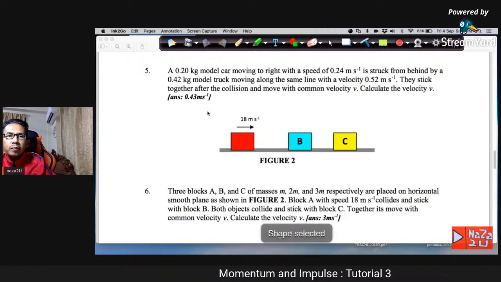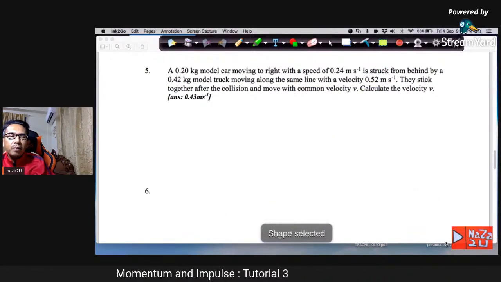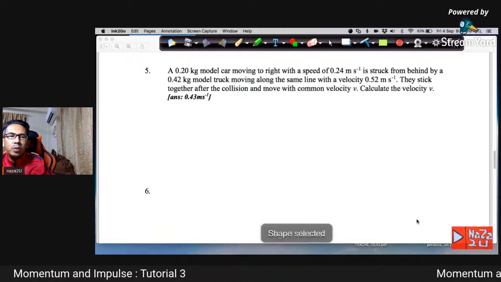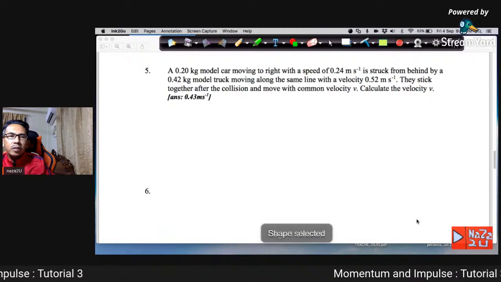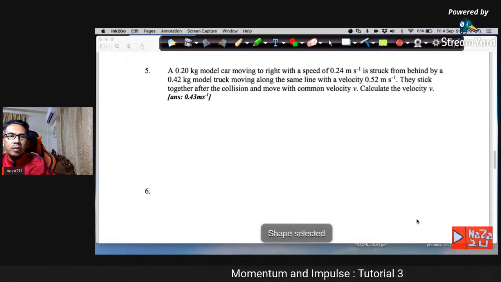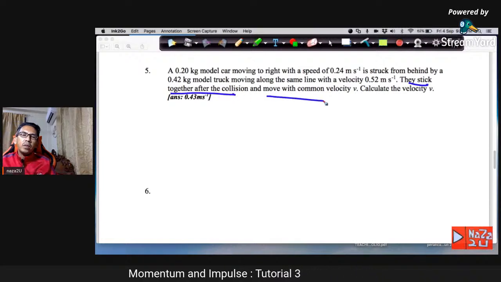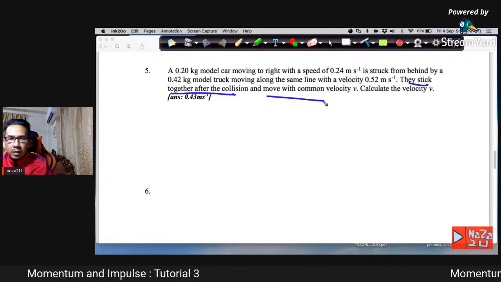They stick together after collision and move with the common velocity v.